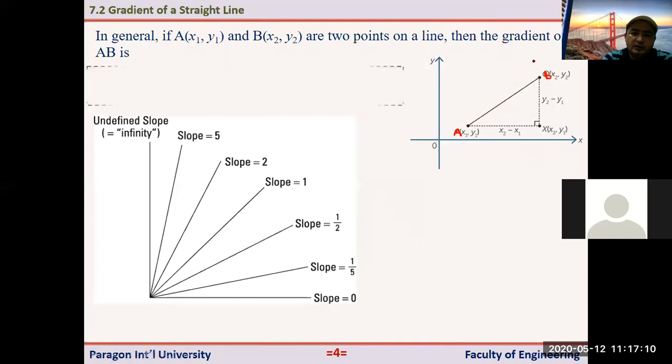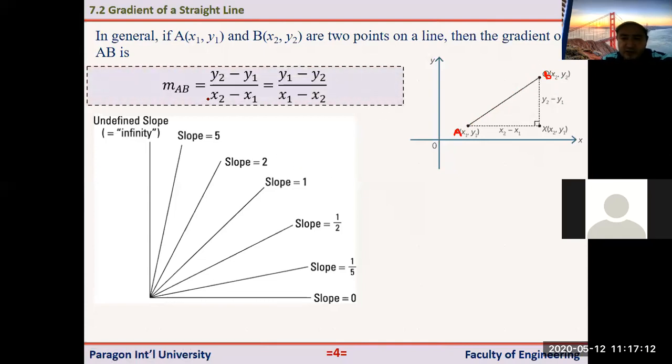To do this, we define this formula: y2 minus y1 over x2 minus x1. It gives us the slope of this line or gradient of this line segment. Or if you multiply numerator and denominator by -1, nothing changes. We get either y1 minus y2 over x1 minus x2, or use this formula to evaluate the gradient of a straight line or line segment.